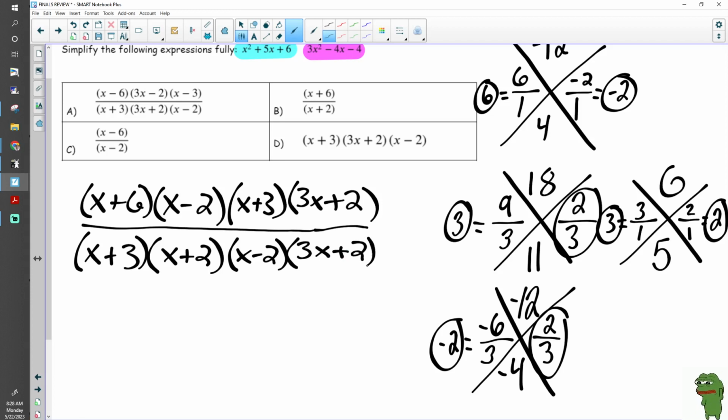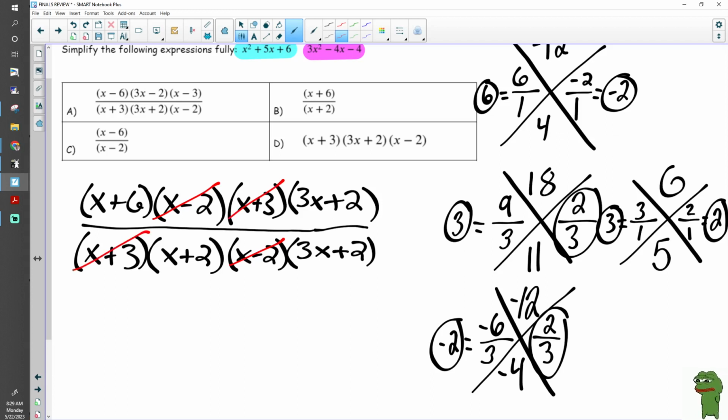So there, all 4 of our quadratics are factored. We wrote them all as factors on the top and on the bottom. And now we are looking for what is the same on the top and bottom that we can cross out. For example, I have an x minus 2, an x minus 2. I have an x plus 3 and an x plus 3.